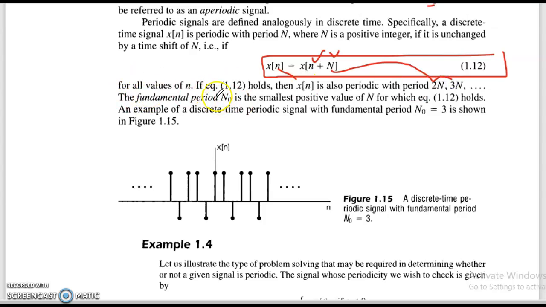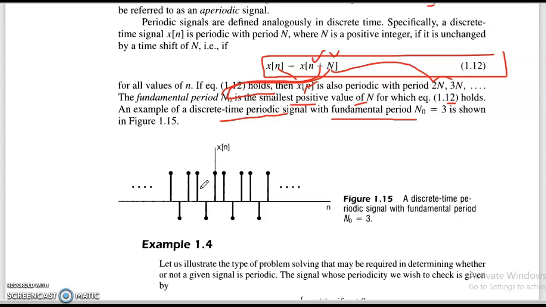The fundamental period N naught is the smallest positive value of N for which equation 1.12 holds. An example of a discrete time periodic signal with a fundamental period N naught.